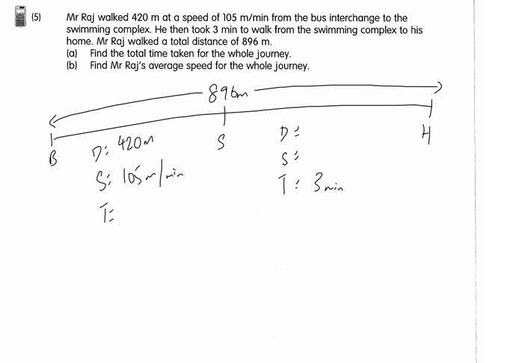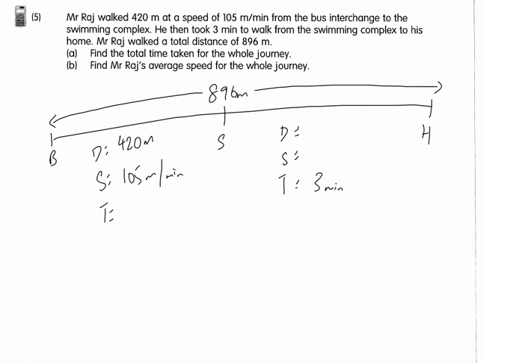Will you be able to find the distance he walked from the swimming complex to home? Yes, you can, right? So, what's the distance, Colin Chi? Are you sure you need to press a calculator for a 3-digit subtraction?